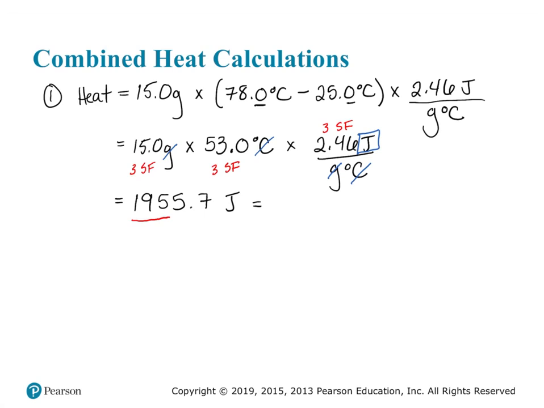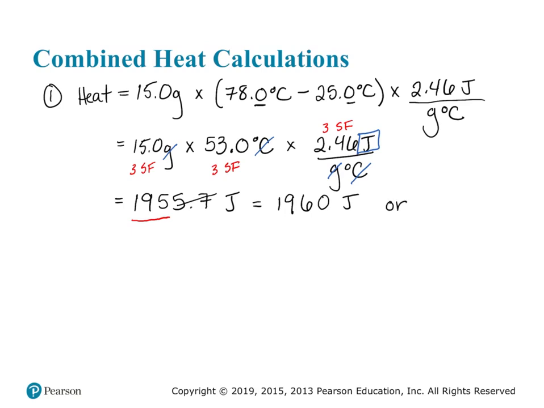We could put in placeholder zeros, or we could write in scientific notation. All right, so in this case, we're dropping the 5 and the 7. So we'll write 1, 9, and then the first digit we're dropping is a 5, so we're going to round up. So we have 196, and then I'm going to put a placeholder 0 in the ones place so that we still have 1960. And then our final unit is joules.